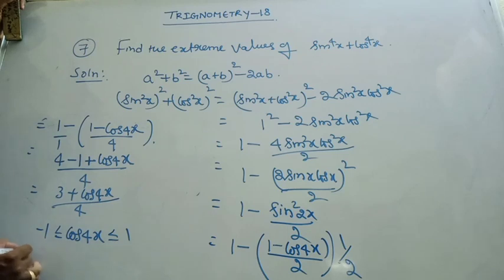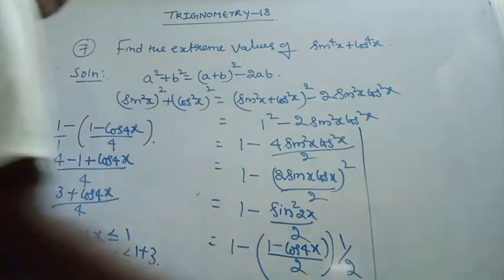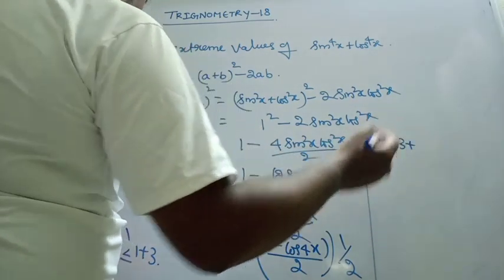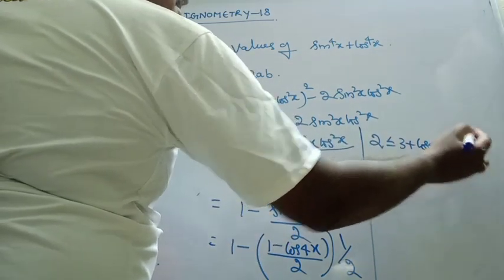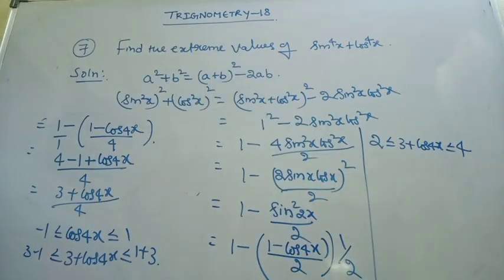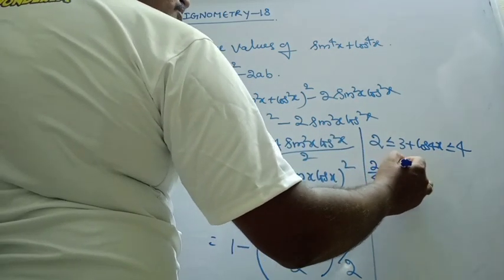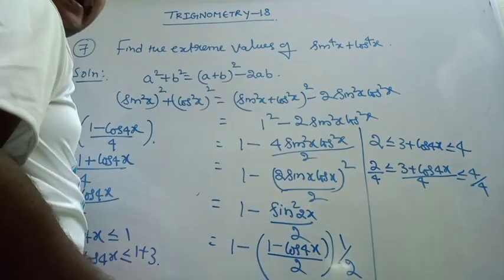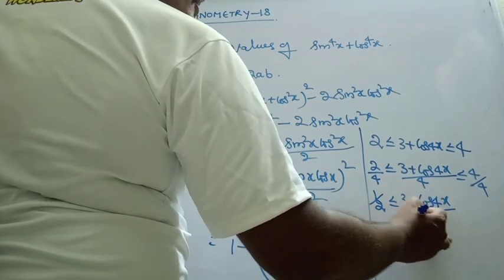And I add 3 to that: 3 minus 1 is less than or equal to 3 plus cos 4x, less than or equal to 1 plus 3. 3 minus 1 is 2, so 2 is less than or equal to 3 plus cos 4x, which is less than or equal to 1 plus 3, becoming 4. Now the whole thing divided by 4, therefore 2 by 4 is less than or equal to (3 plus cos 4x) by 4, less than or equal to 4 by 4. 2 by 4 is 1 by 2, so 1 by 2 is less than or equal to (3 plus cos 4x) by 4, less than or equal to 1.